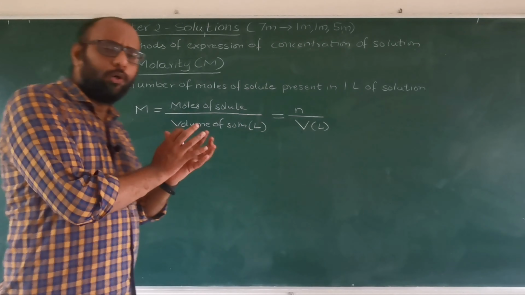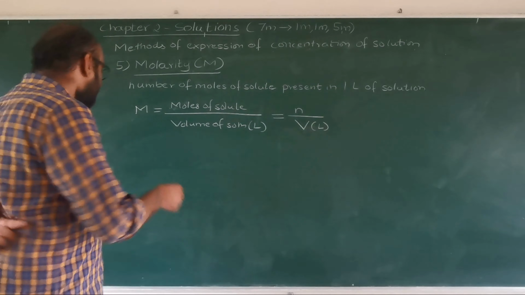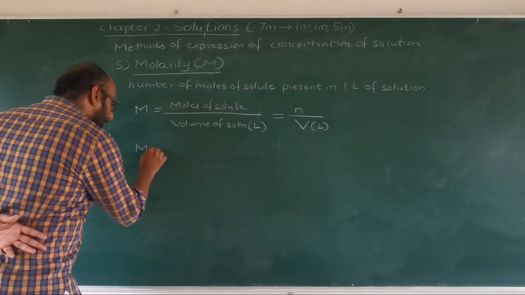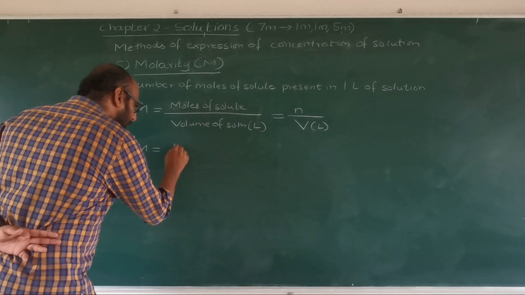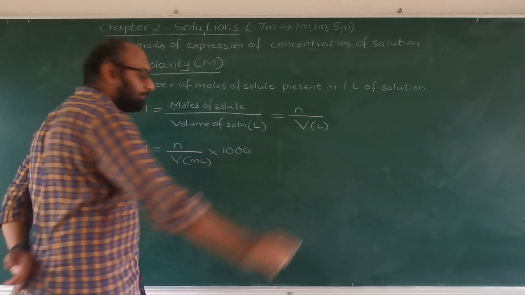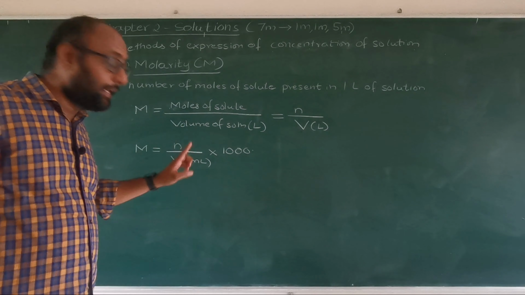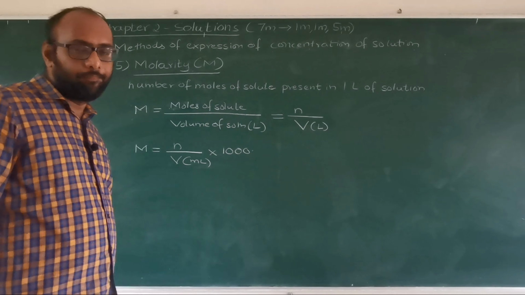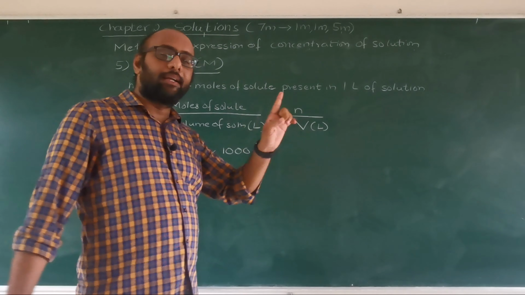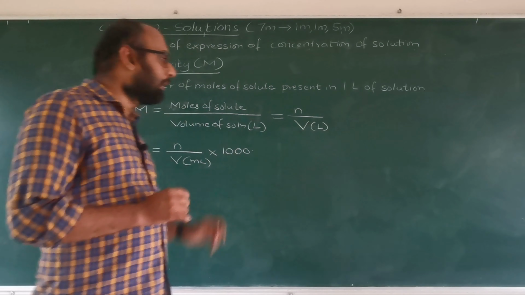Now if you are taking the volume of solution in ml or cm cube, then the formula will be M equal to number of moles divided by volume in ml multiplied by 1000. This is the formula of molarity if you are taking volume of solution in ml. This is the formula if you are taking the volume of solution in liter. You have to remember this.